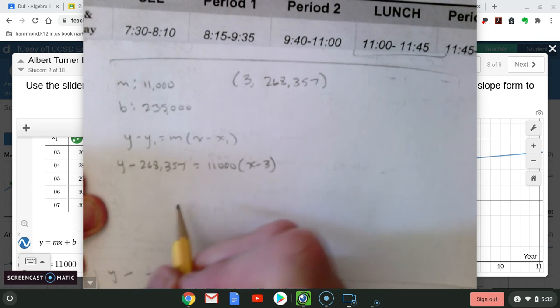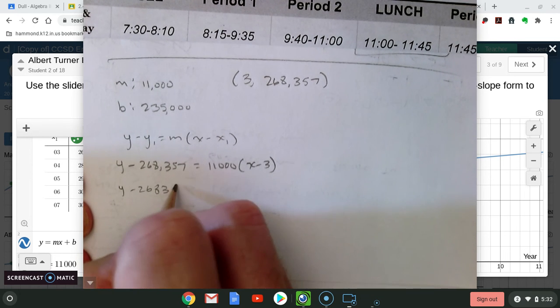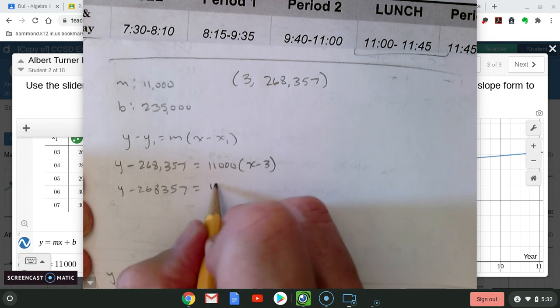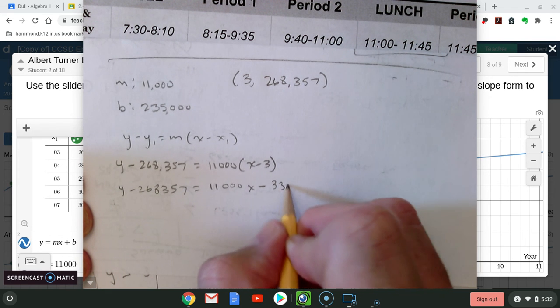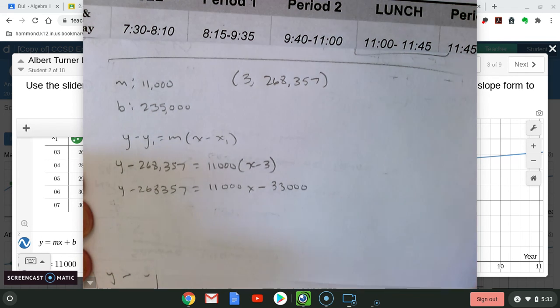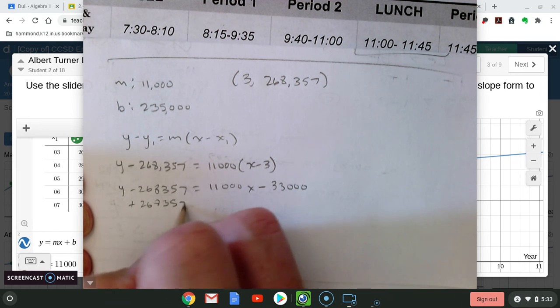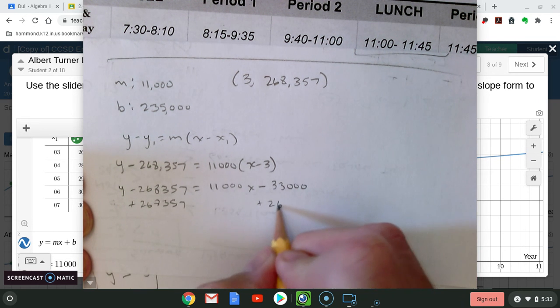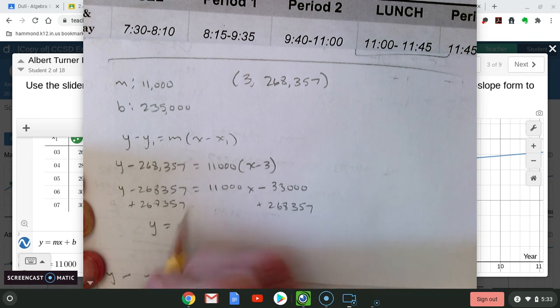Let's go ahead and convert this over to slope intercept form. Y minus 268,357 equals 11,000x minus 33,000. Okay. So if I add 268,357 on both sides, and I can see how these big numbers get a little odd to work with.